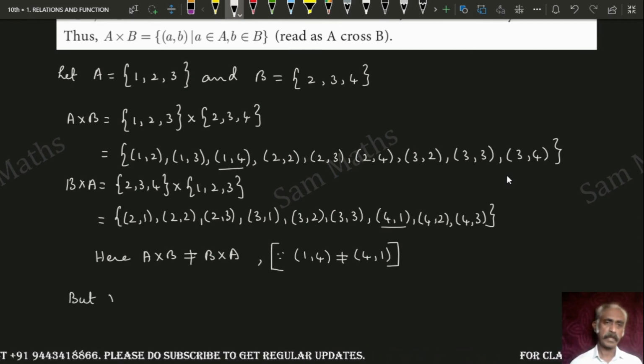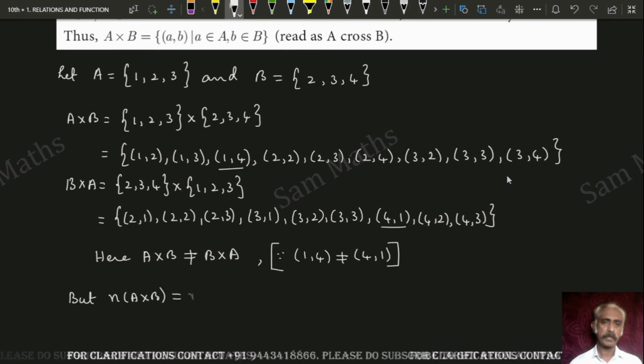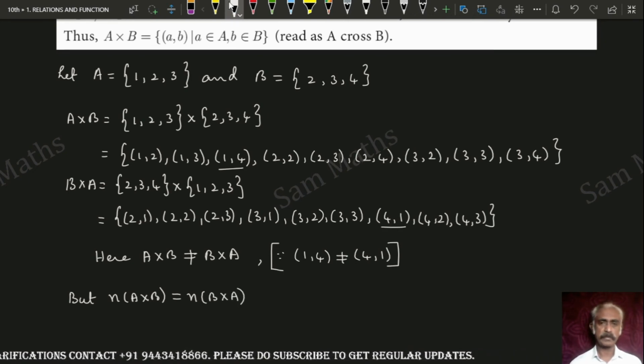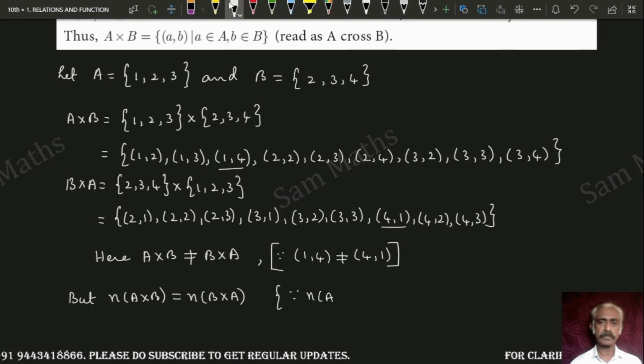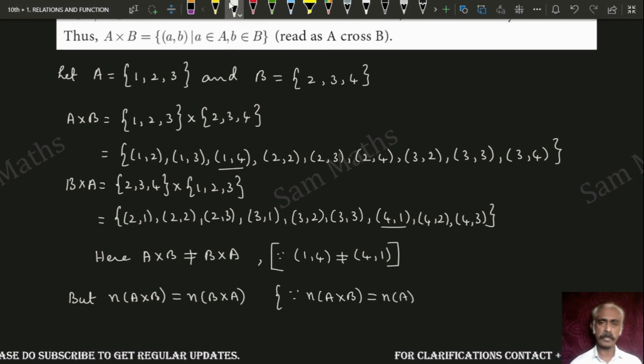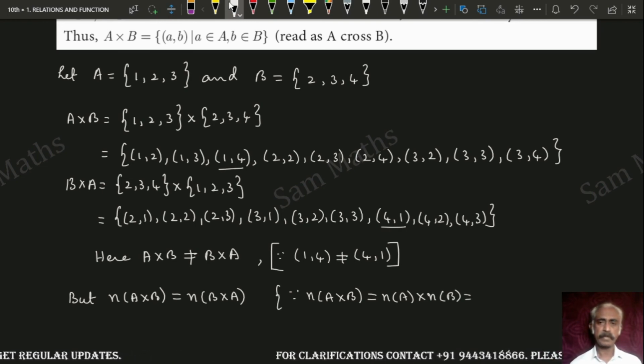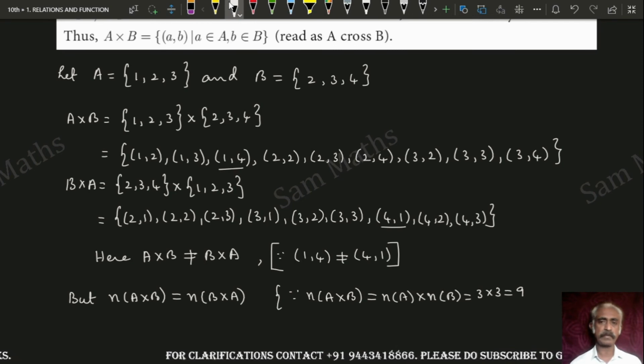you must know n of A cross B equal to n of B cross A. Since n of A cross B is defined as n of A into n of B. In A we have 3 elements. In B also we have 3 elements. Altogether 9 elements.